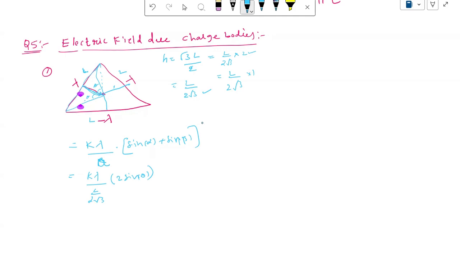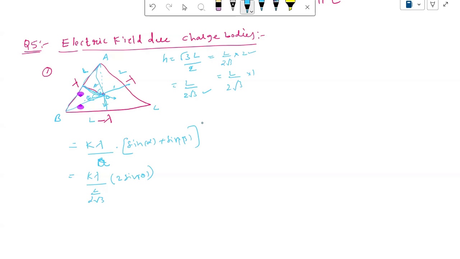Is that clear? Let me name the triangle ABC and this point D. Now from D, the field due to rod AB is towards C. Due to rod AC, the field is towards B. Due to rod BC, which is a negative charge, the field is towards like this.